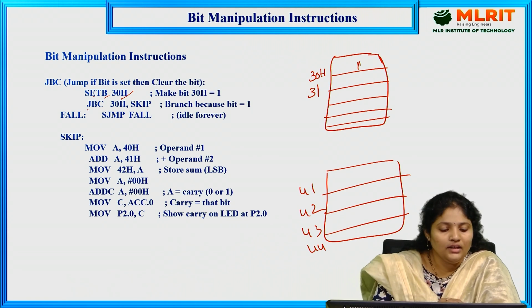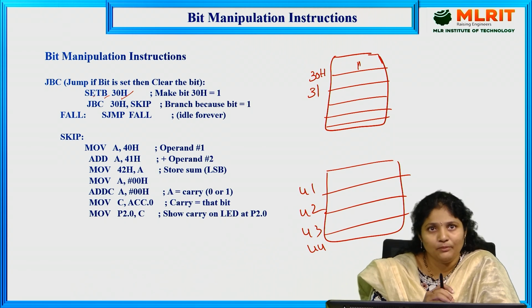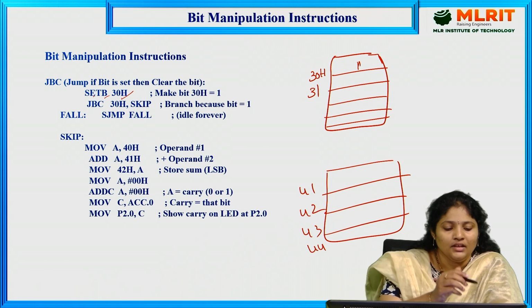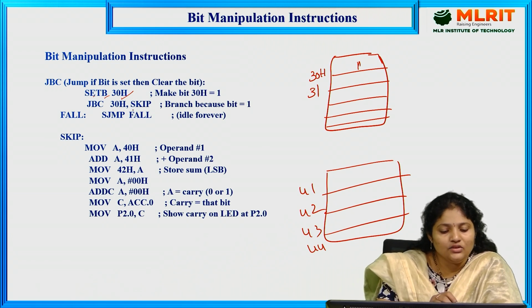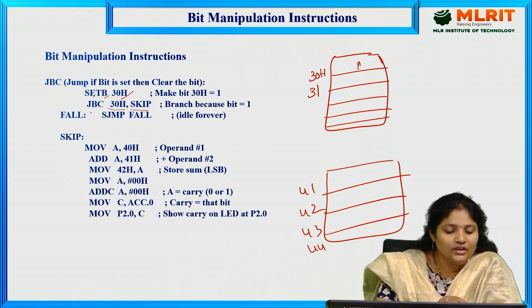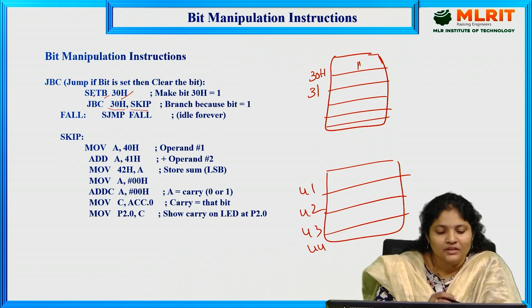Now what is the operation of JBC? Jump if bit is set, and after performing the jump operation, it will clear that particular bit. Here JBC 30H, skip. 30H is the bit position and skip is the location where the controller needs to continue execution if the condition is satisfied.